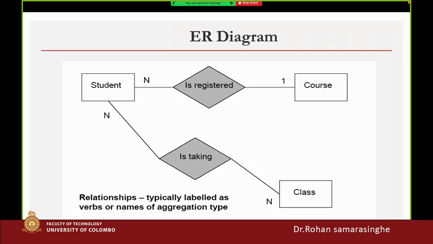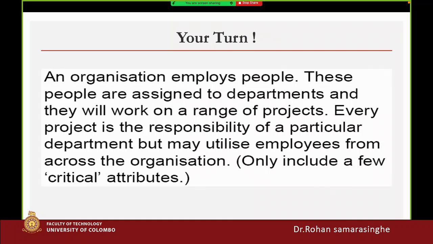Okay, so now I think it's your turn. An organization employs 3 people assigned to departments, and they will work on a range of projects. Every project is the responsibility of a particular department, but many employees from across the organization work on it.